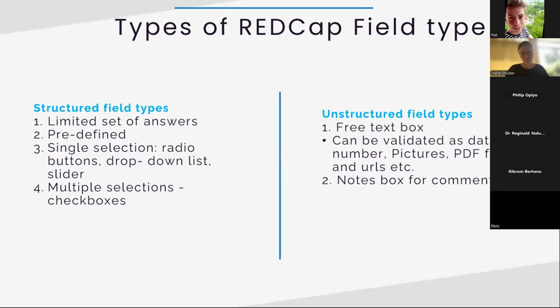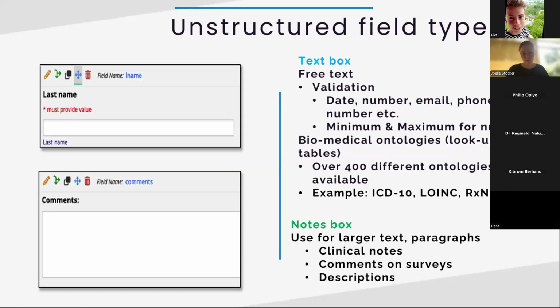RedCap helps us to incorporate all this. For the unstructured data field, we can use all these validations: numbers, phone number, minimum and maximum, especially for biomedical ontologies. We can have over 4,000 different ontologies, like ICD-10, ICD-9, and the others.